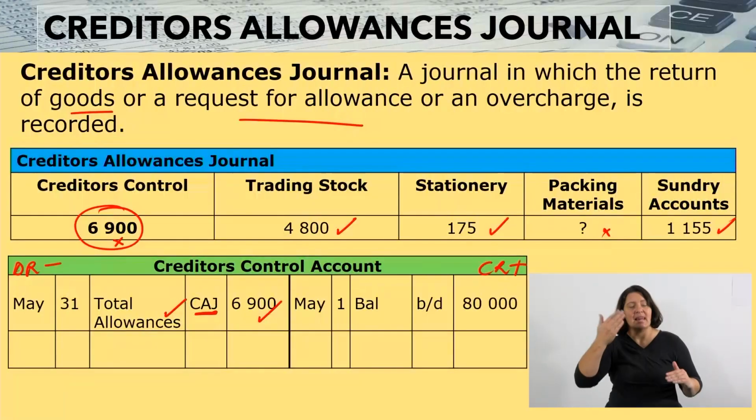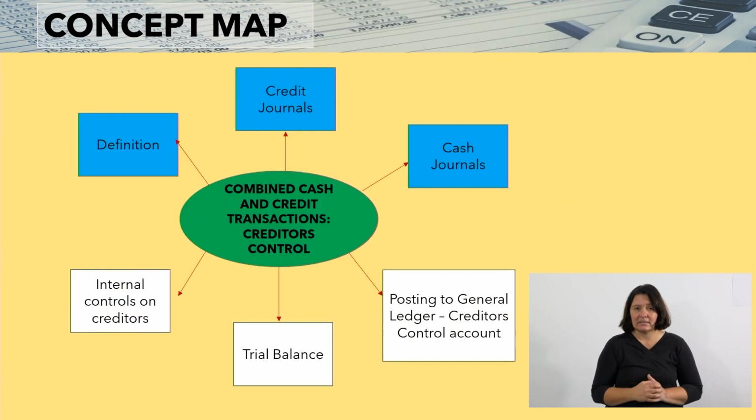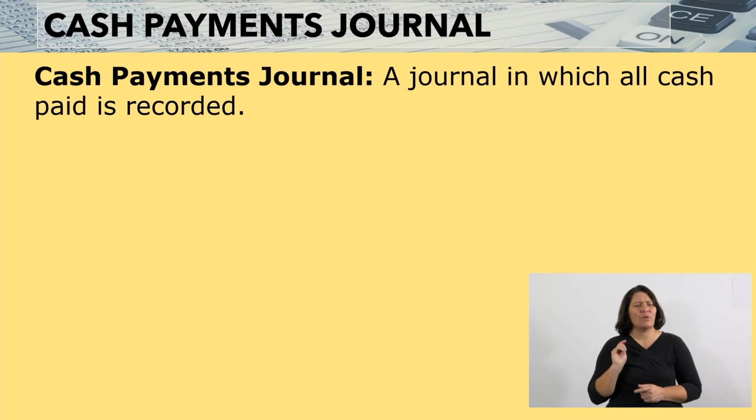We will now move on and we will now focus on what we call cash journals. Let us look at our cash journals. Which journals will form part of the cash journals that affect the creditors control? The first one is the cash payments journal. What is the cash payments journal?